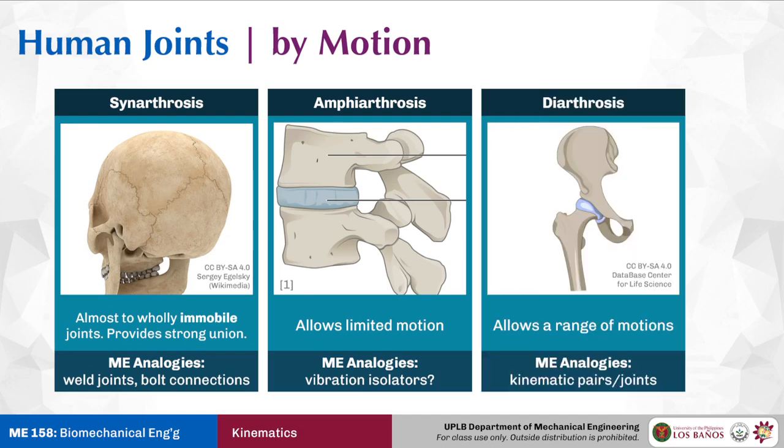The next one is called diarthrosis, which, because of their definition, can only be done by synovial joints. So these are the joints that are actually kinematic joints, essentially. They're analogous to kinematic pairs. And we will explore the diarthrosis joints, or the synovial joints, by their motion type.